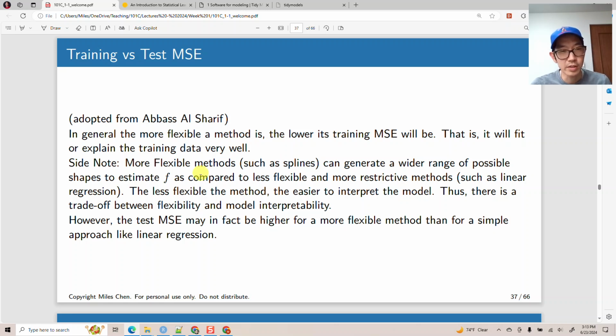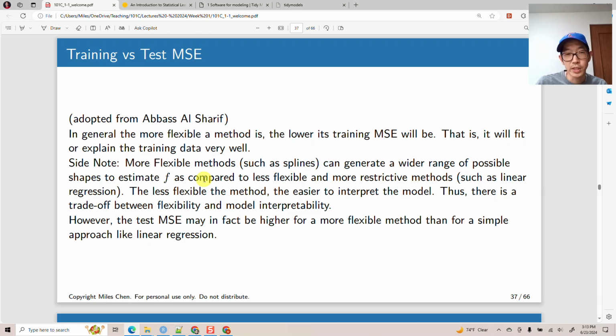On a side note, we wrote that more flexible models, things like splines, can generate a huge range of possible shapes to estimate f as compared to less flexible and more restrictive models like linear regression. But these more restrictive models are generally easier to interpret.